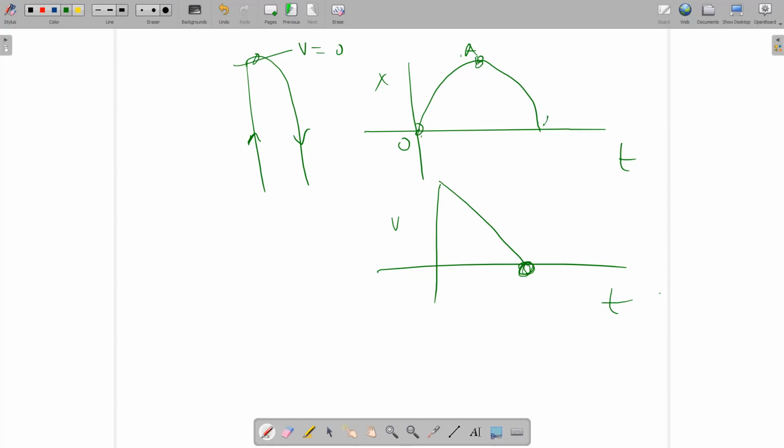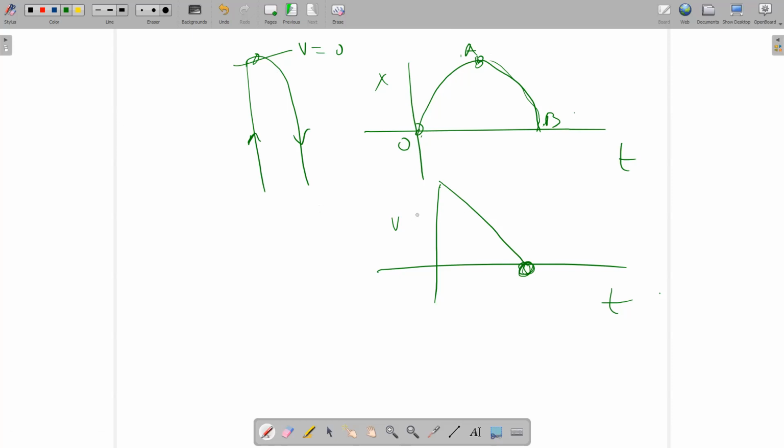So after A to B point, is the velocity increasing or decreasing? From A to B, when the ball is moving down, is its velocity increasing or decreasing?